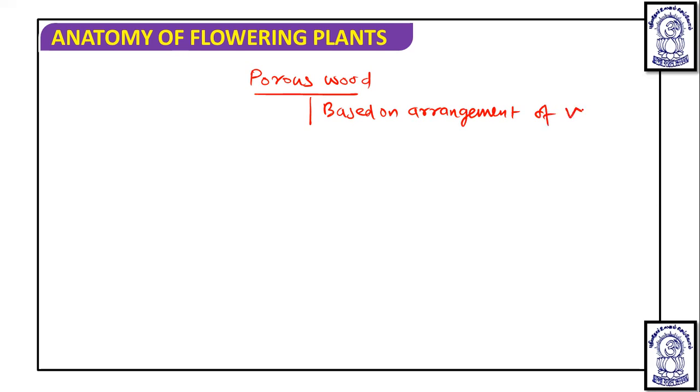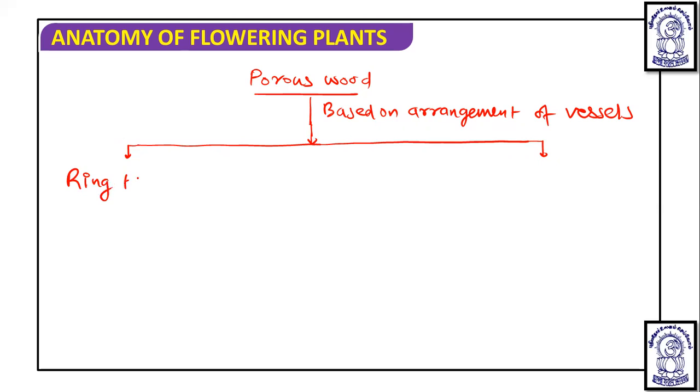Based on arrangement of vessels, it is of two types, and we call them ring porous wood and diffuse porous wood.